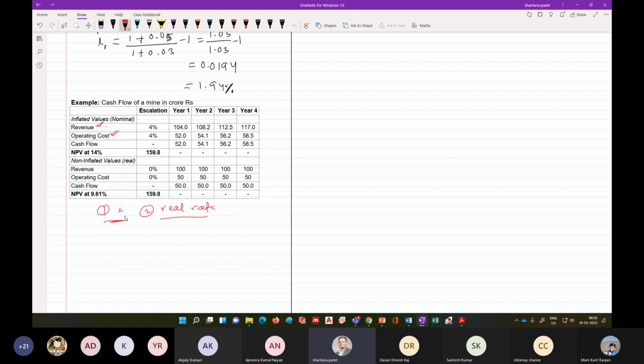Just to give an example, we have the nominal rate equal to 14%, and we are saying that inflation is 4%.